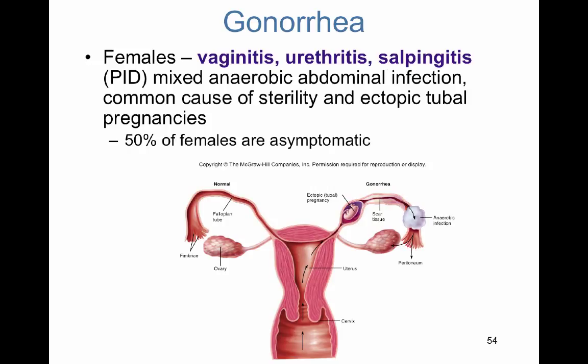And there are cases of women who are co-infected with the causative agents of gonorrhea and chlamydia, and this is called PID, or pelvic inflammatory disease. And this is a common cause of sterility and also ectopic tubal pregnancies. 50% of women do not show symptoms.